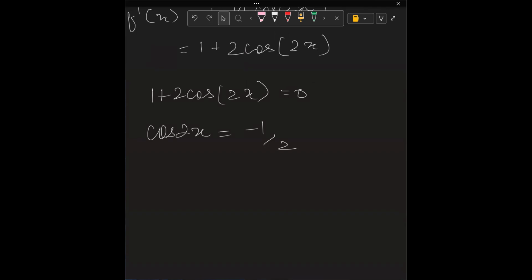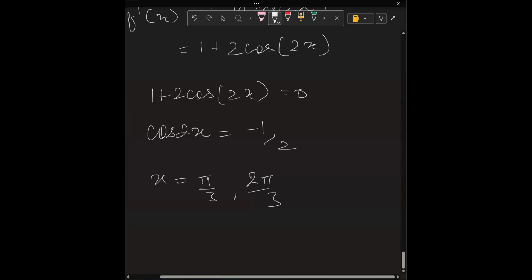So when you solve this, 2x is going to be 120 degrees, that is 2 pi by 3, so x is pi by 3 and 2 pi by 3, I guess. So you have to evaluate at this point and at this point.